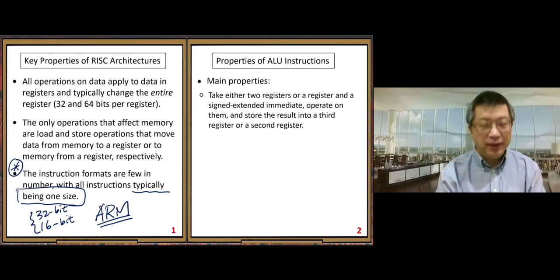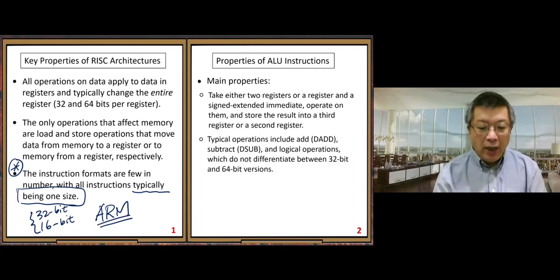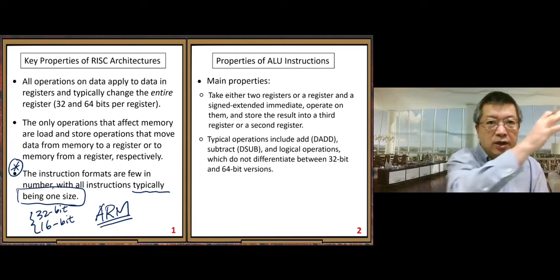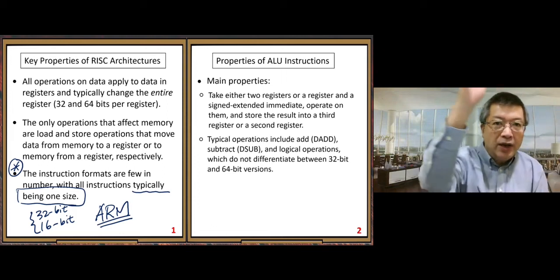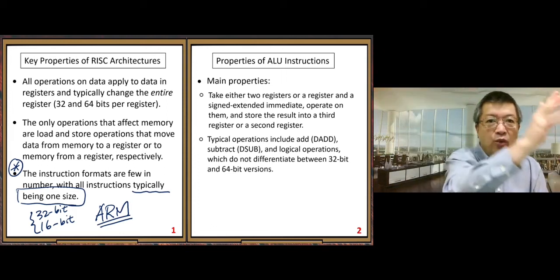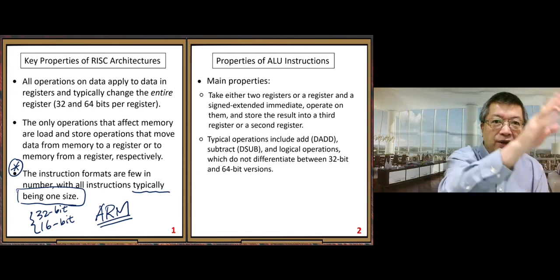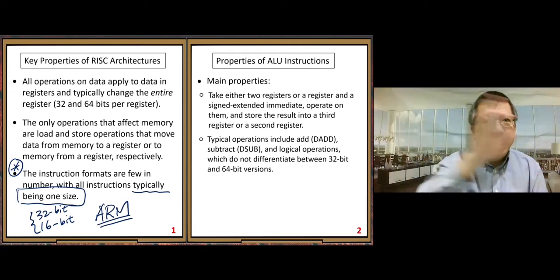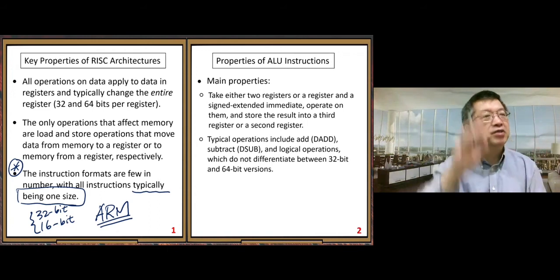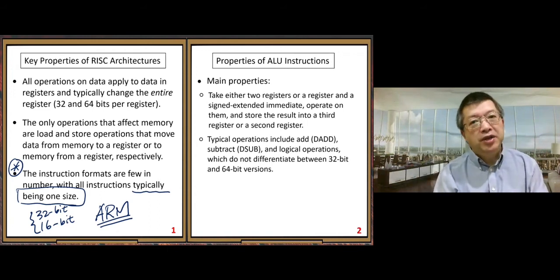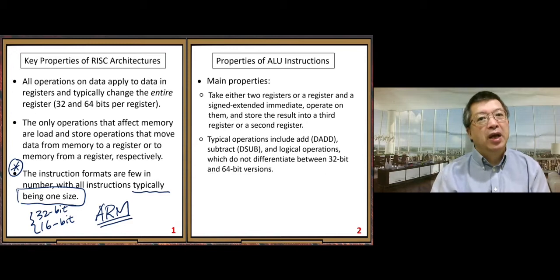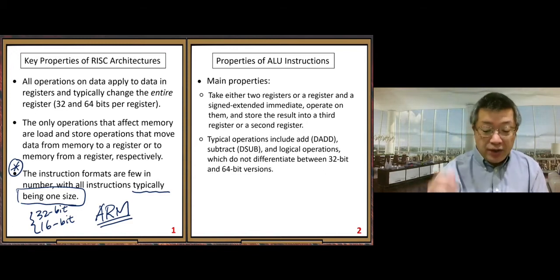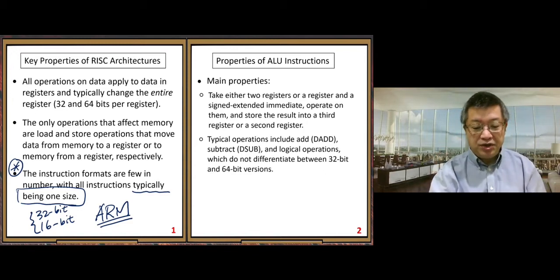Another one. Typical operations include add, subtract, and logical operations which do not differentiate between 32-bit and 64-bit versions. Here the meaning is this. Here we're talking about integer operations.